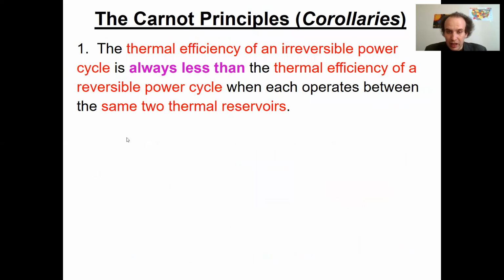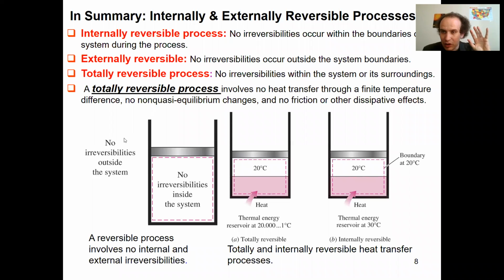So what we do now, when we consider a real device, we will say, okay, how would it work if it was reversible? How would it work if it was internally reversible? And then you compare your device, your cycle, your system with such an idealized system. And based on this, you can make a conclusion.